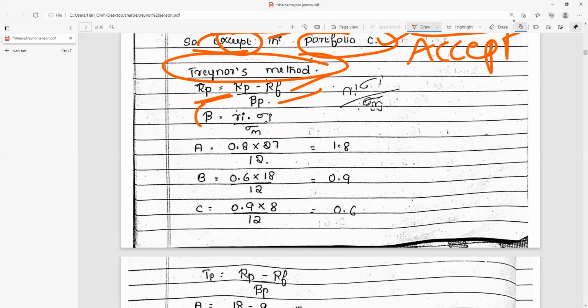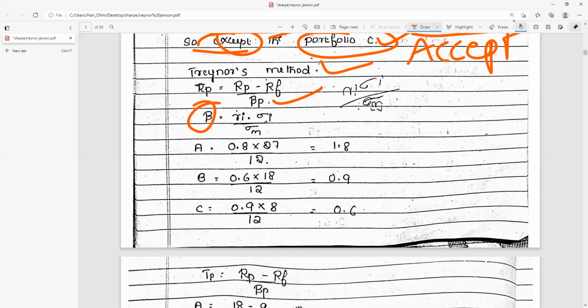You need beta as far as Treynor's method is concerned, so first you need to calculate beta.